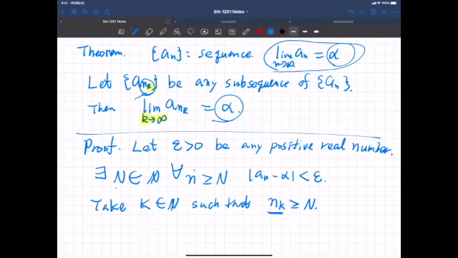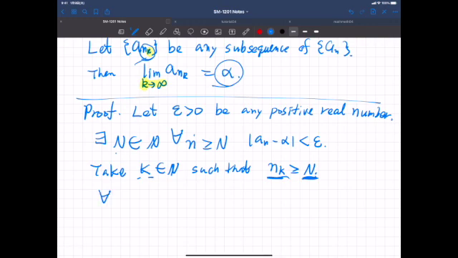If we increase this k, then n_k can go to infinity, so it can get as large as anything. At some point, if we take a large enough natural number k, it should be greater than the given natural number, capital N.